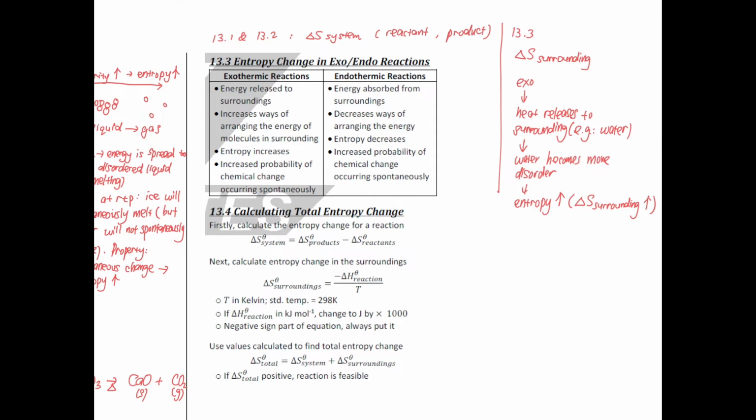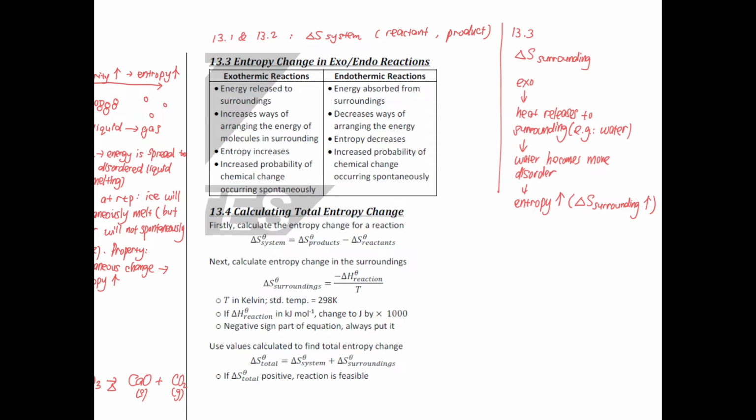Okay, now let's see the information here. Exothermic reactions, energy released to surroundings, already discussed, released to the water, and then increased ways of arranging the energy of molecules in surrounding. You give energy to the water, so you increase the ways of arranging the energies of the water molecules.